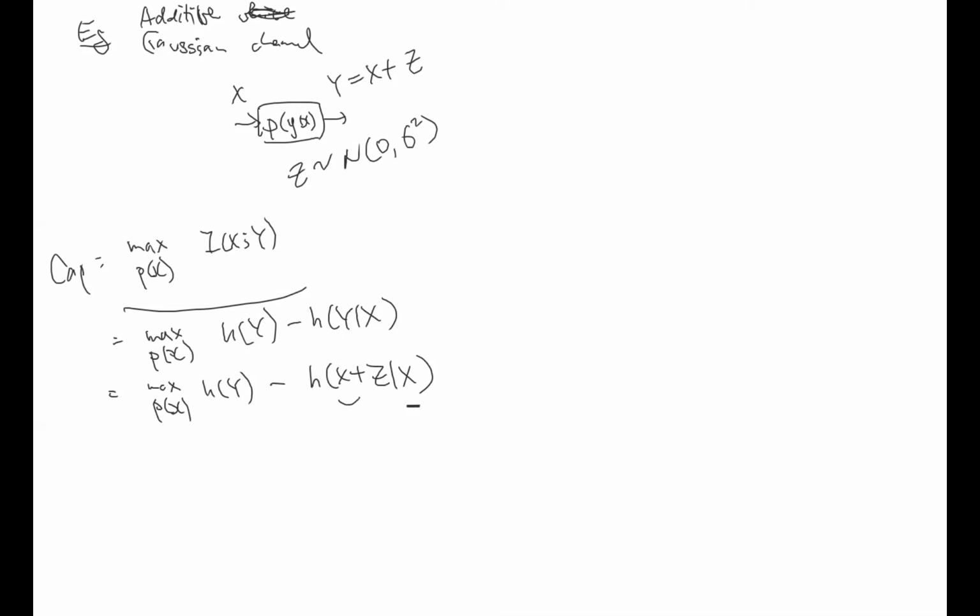Just know that when we write h(Y), implicitly we are implying that Y is continuous, and when we write X, let's say X is discrete.